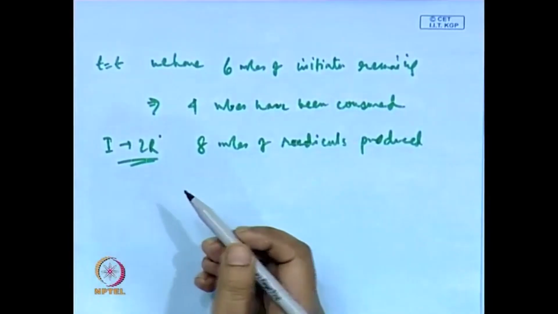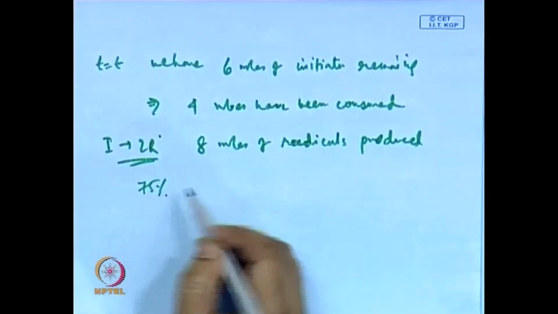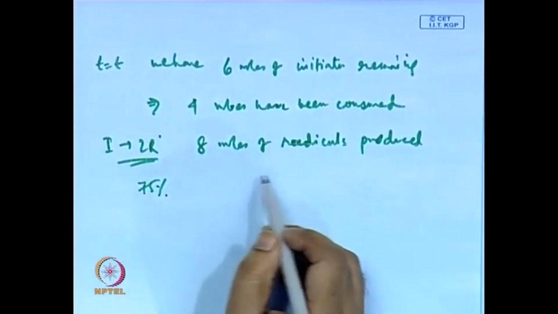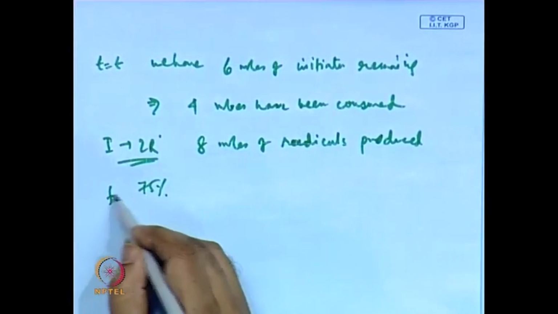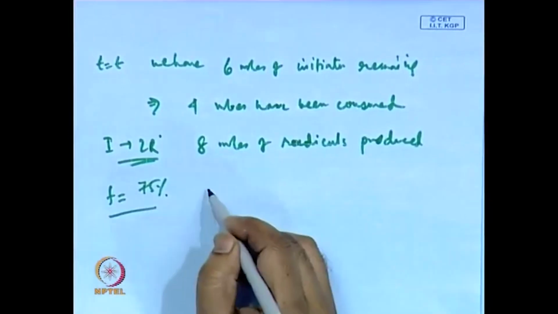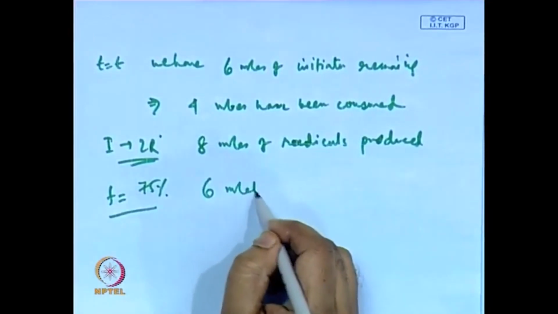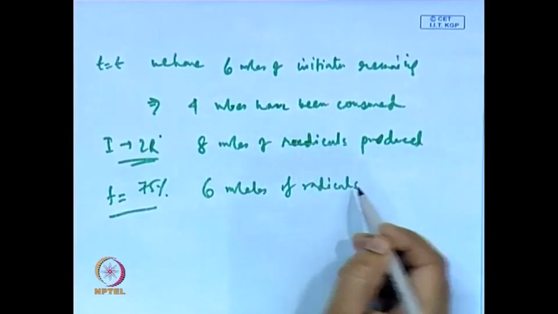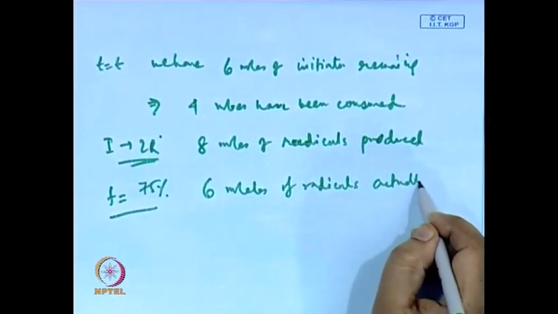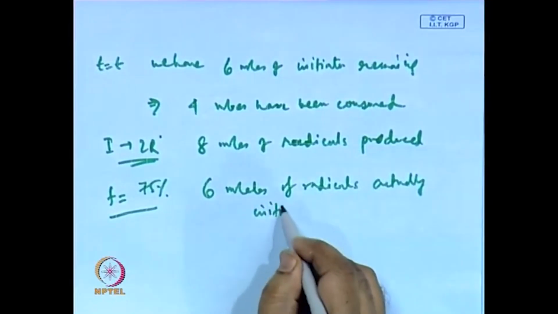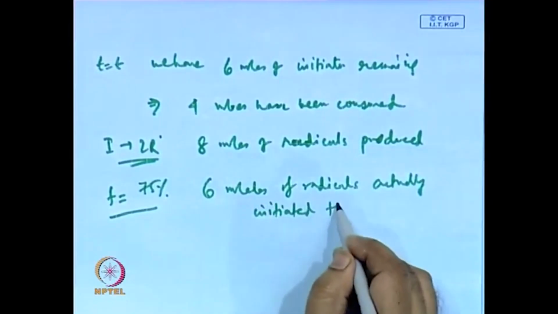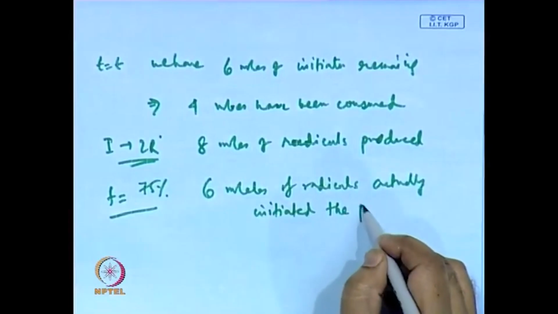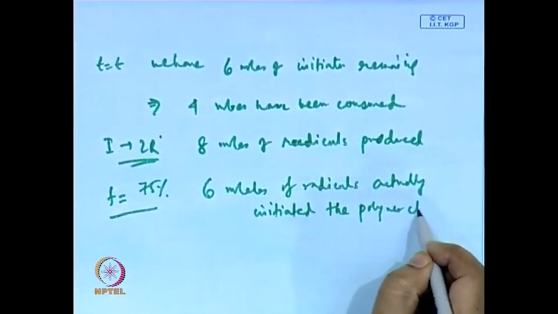Now, if say 75% of this radical has initiated a polymer chain, so efficiency f is 75%, that means 6 moles of radical actually initiated polymer chain.